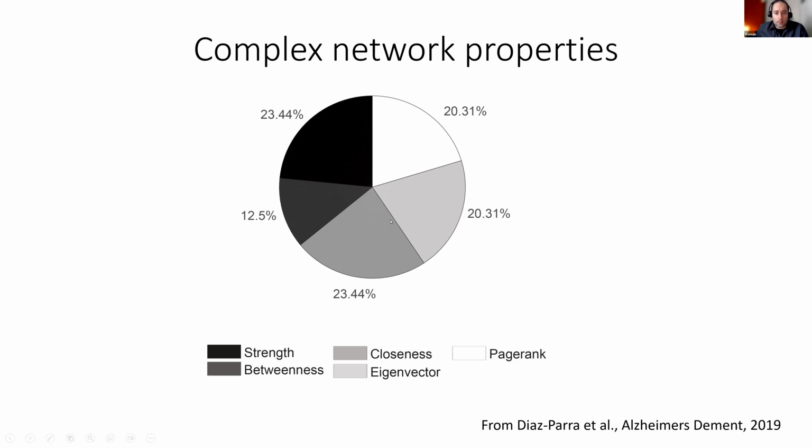And as you can see here, there are different types of complex network features, like, for example, the strength of individual nodes' connections, or their closeness. They all tend to be quite strongly related to centrality of a complex network, and these are the network features that we identified as being very important in order to classify Alzheimer's disease.